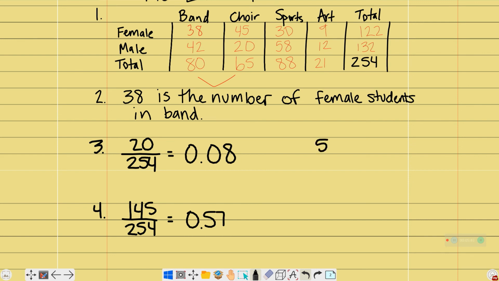Number 5. What proportion of male students, so now we're just looking at the male students, are enrolled in sports? So we're looking at males in sports, which is 0.44.